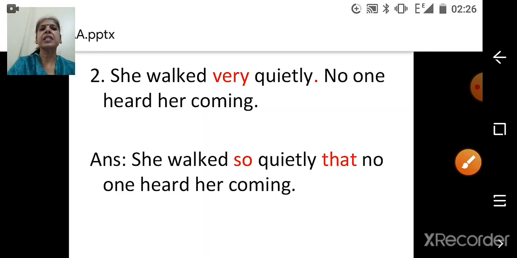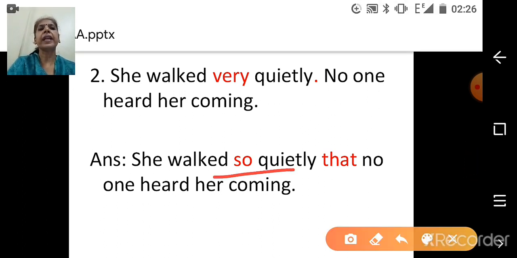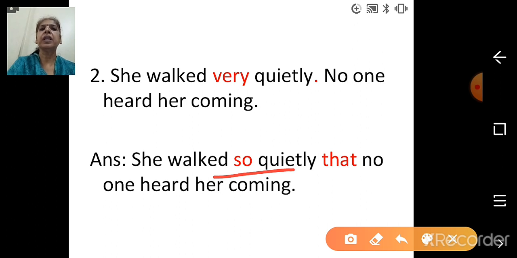Very is left out. In that place we are using so. She walked so quietly that, this full stop will also go, that no one heard her coming. One full stop at the end.